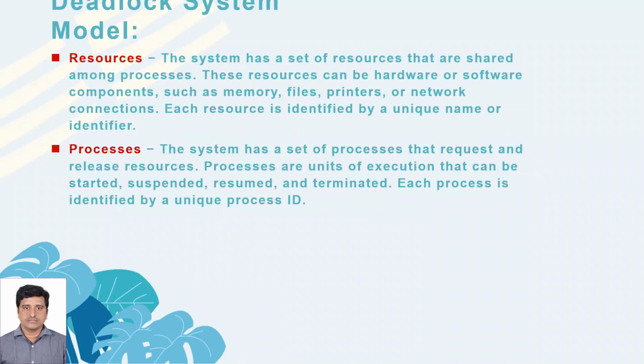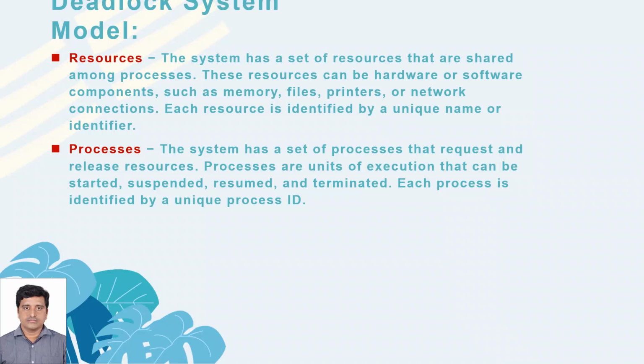The resources are shared among the processes. A system has a set of processes that request and release resources. Processes are units of execution that can be started, suspended, resumed, and terminated. Each process is identified by a unique process ID.